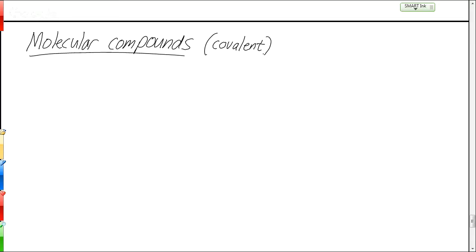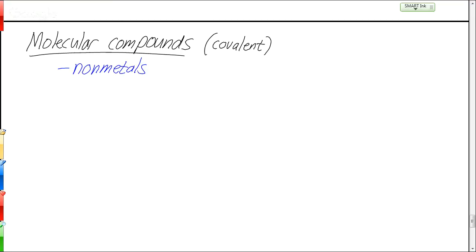It has to do with the way that they share their electrons. But for our purposes of naming, all we need to be able to do is identify a molecular compound, and the way we're going to identify them is that they're made of nonmetals. So all the stuff to the right of that stair step, if there's no metal involved, is going to fit in this category. Does that make sense?